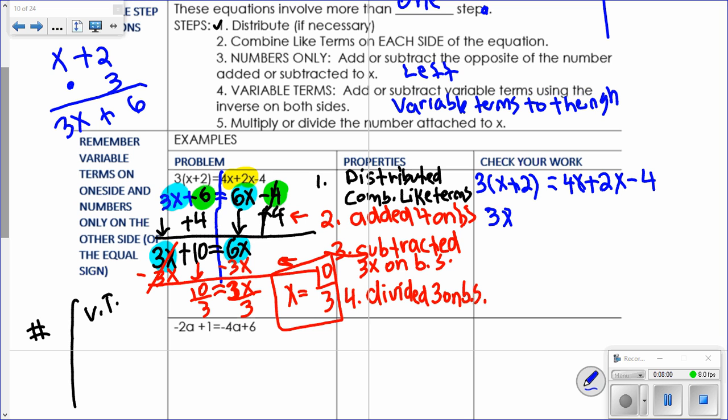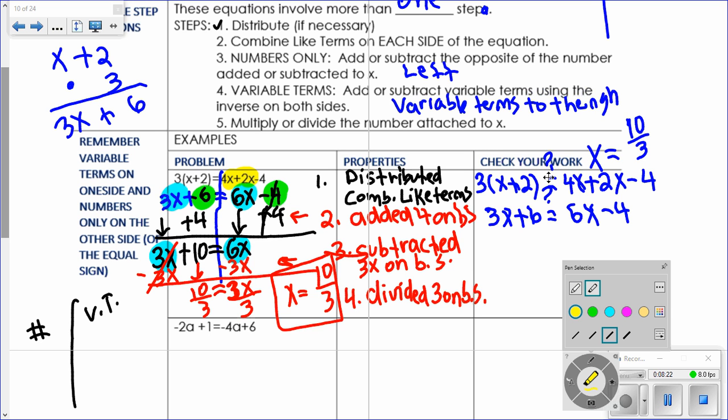So we got 3x plus 6 equals 6x minus 4. And then I'm going to check. Does 10 over 3 make both sides of this equation equal to each other? Let's check to see if what we solved for is true. So we're going to substitute in that 10 over 3 in both sides.